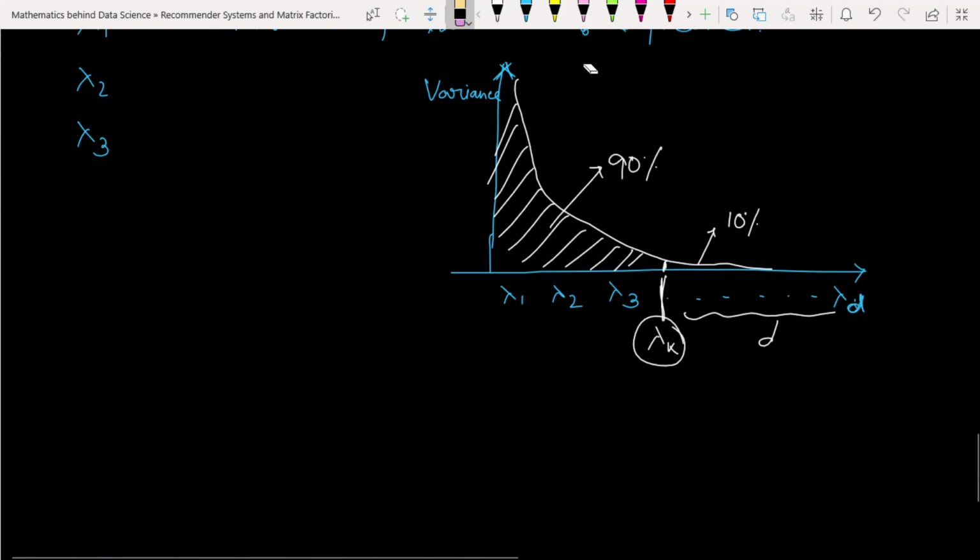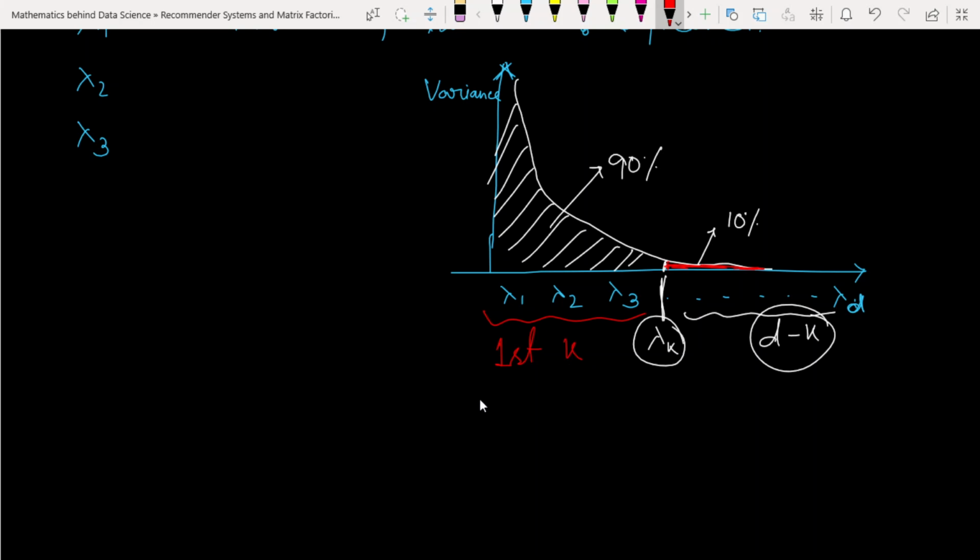So the rest, d minus k eigenvalues, contain only 10% of the information, this area. The 90% of the information is contained by the first k eigenvalues.